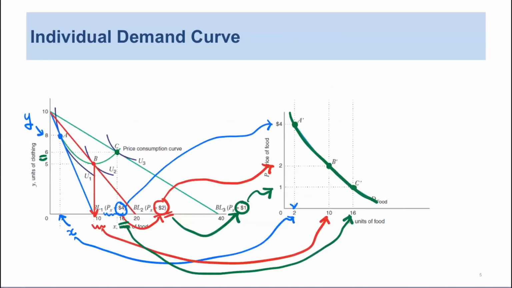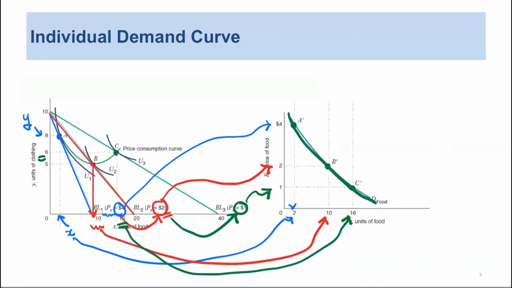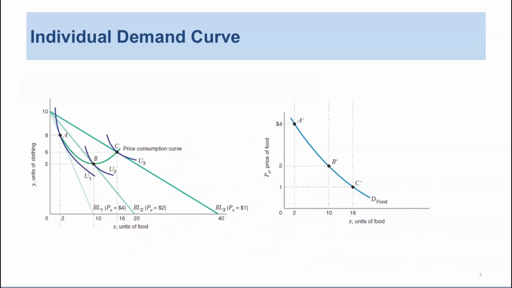Graphically, it is represented here, for example. As the relative price goes down from 4 to 2 to 1, the slope at this optimal point, the marginal rate of substitution, changes. Remember that the slope of the indifference curve is characterized by the marginal rate of substitution.